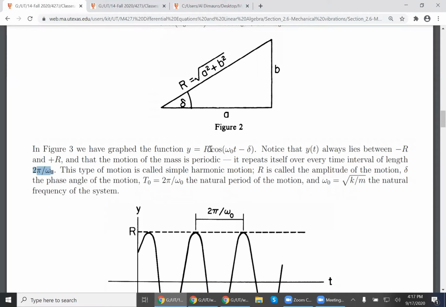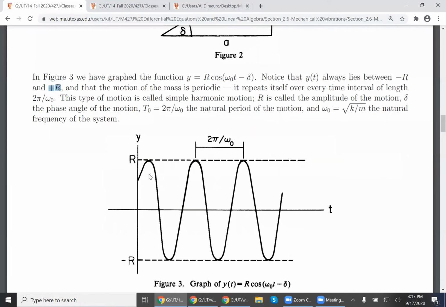Also, since the maximum value of cosine is 1 and the minimum value of cosine is negative 1, y of t always lies between negative r and r. So we come up with the following graph. This is r, this is negative r, period is 2 pi over omega 0.